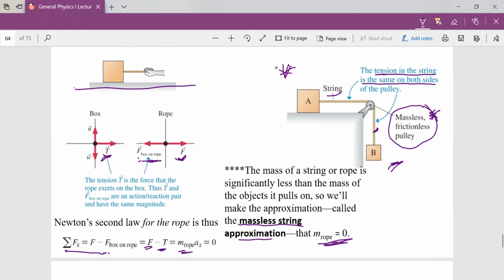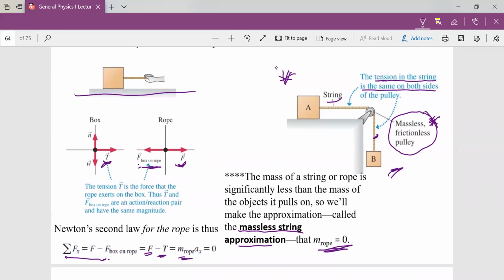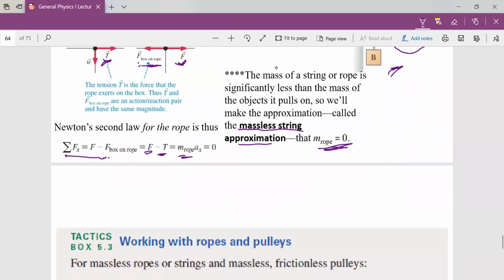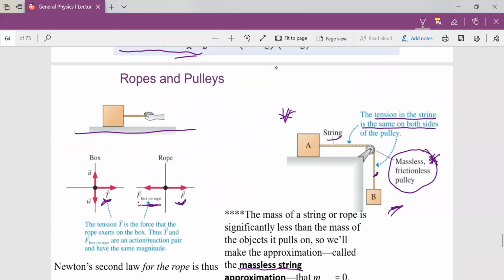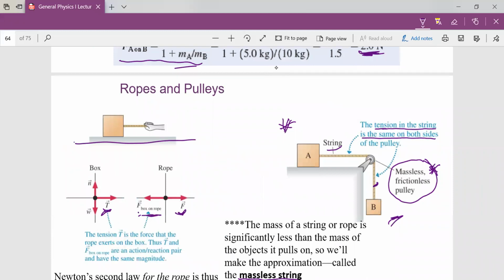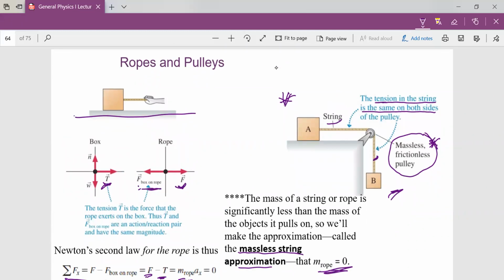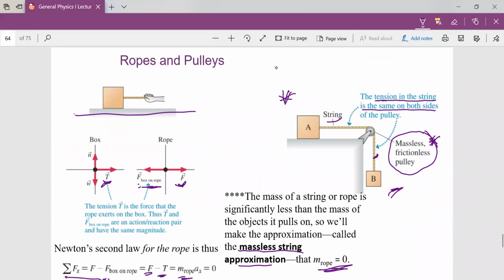Okay, I think we understand it better when we look at an example. So quickly, let's look at the tactics we will use to solve problems as it relates to rope and pulley. First, we'll factor in something that we said: Newton's second law in this case will be 0 because of the massless approximation for the rope, and we have said it is 0.